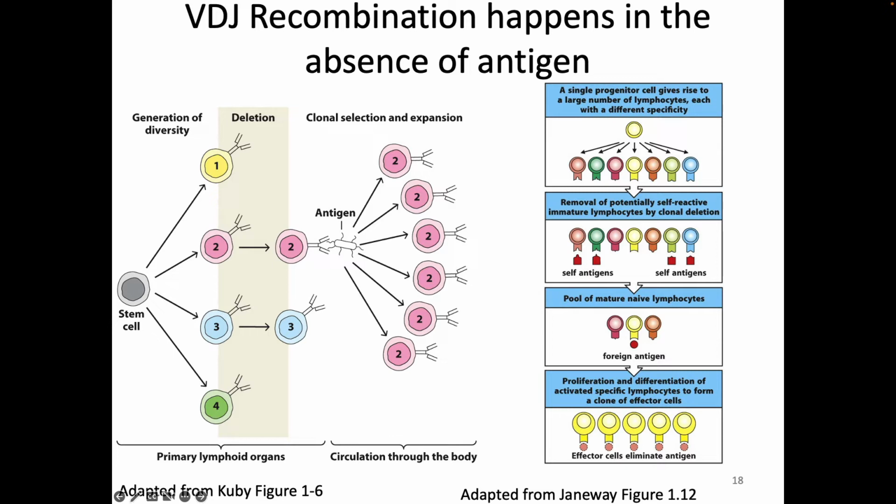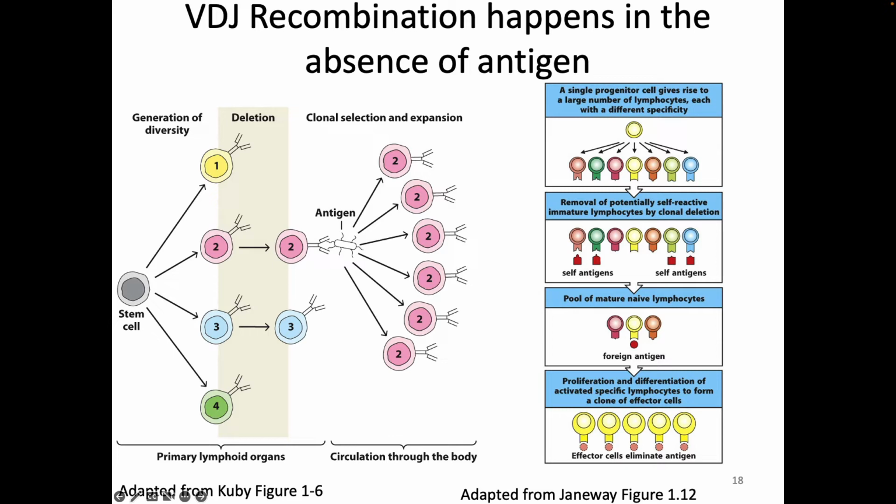And a lot of places in development of B cells and T cells, if they get messed up, can push you over into autoimmunity. And so what we actually do is we take our immature B cells and we put them through a testing phase where we test them to see if they bind to self-antigens. If an immature B cell binds to self-antigens in the bone marrow, that cell gets taken care of.